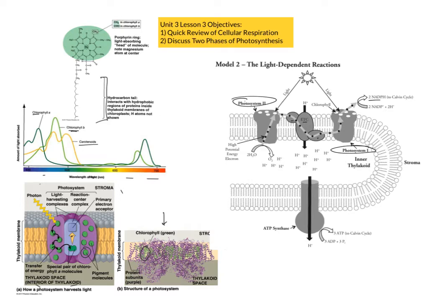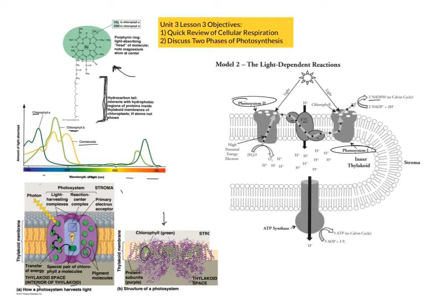Taking a closer look at the structure of a pigment molecule, this is actually chlorophyll A right here. And if you notice, it's got a familiar structure. It's got a hydrocarbon tail, which means it has a hydrophobic region right here. This helps it interact with the hydrophobic regions of the thylakoid membrane, as well as the hydrophobic R groups of the photosystem protein.